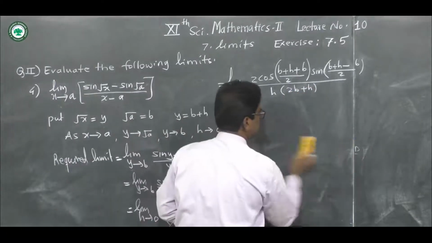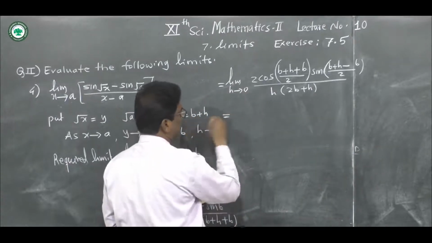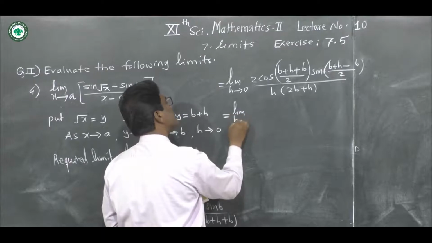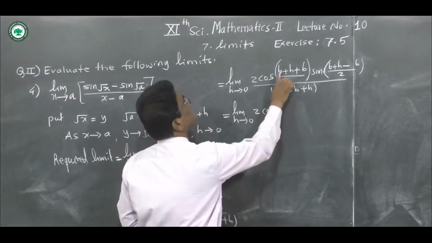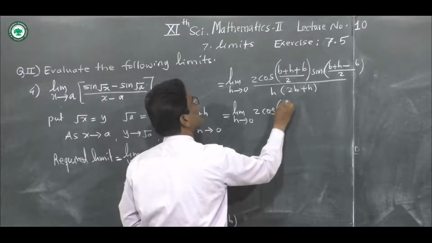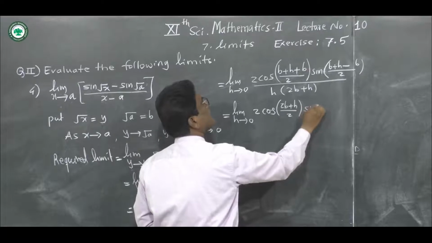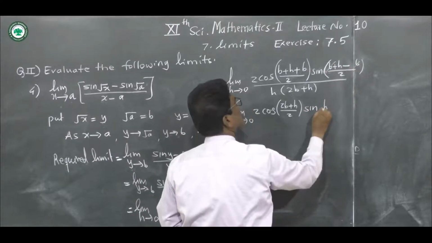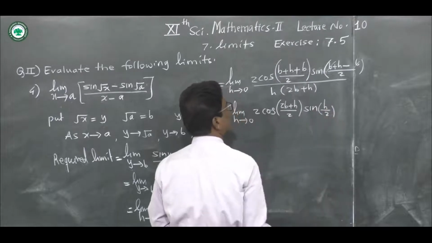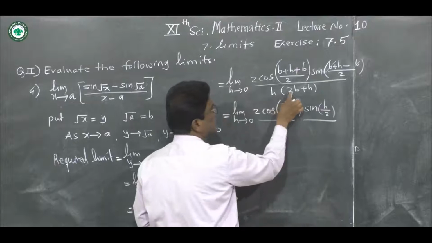So this is equal to limit as h tends to 0, 2 times cos of, here b plus b, that is twice b plus h divided by 2 into sin of, here b and b get cancelled, h divided by 2, divided by here h into twice b plus h.